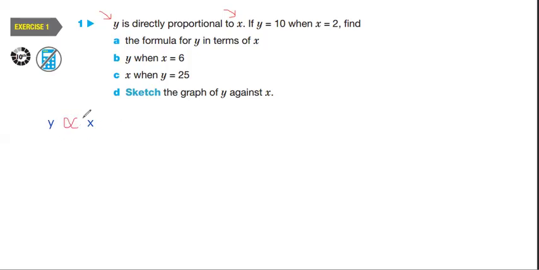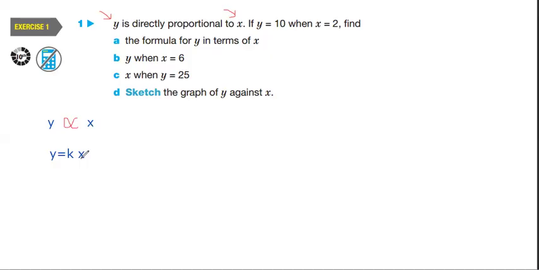And then this sign means what? It means equal K. So we're going to write it like this: Y equals K and then X. So the K and the X are multiplied by each other. So Y equals KX. K is the constant of proportionality. Now to find this constant, we have to rearrange the formula by taking the X to the other side.